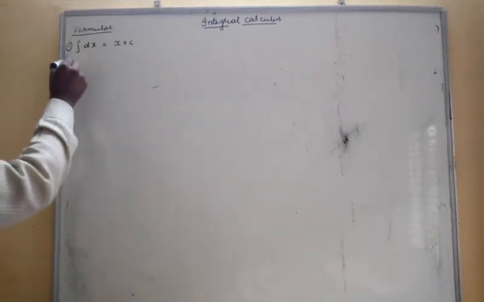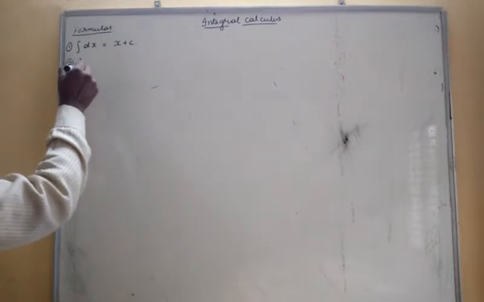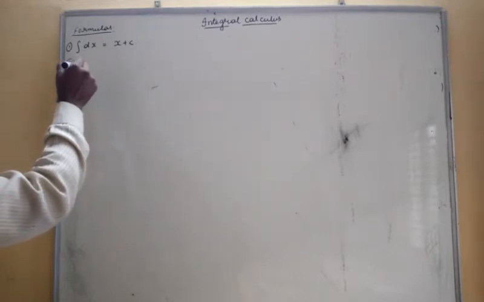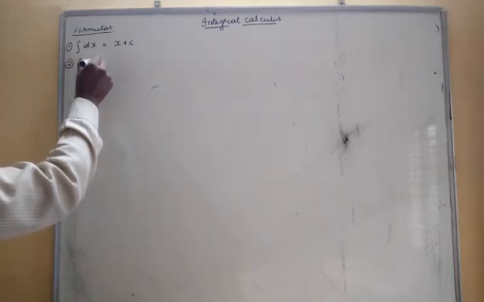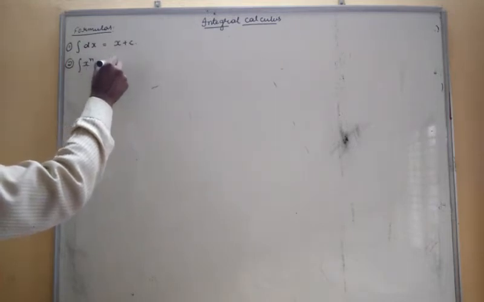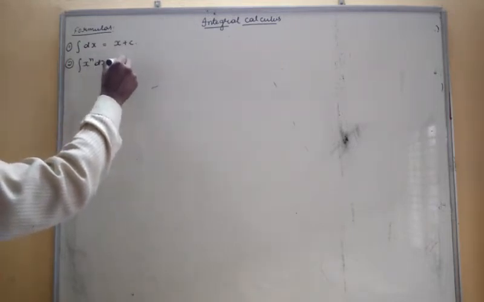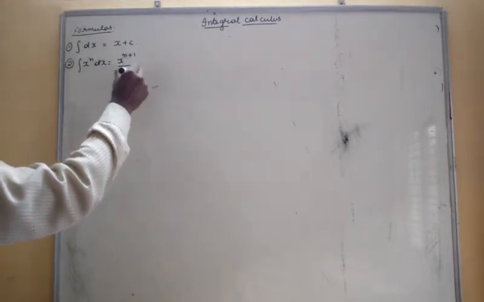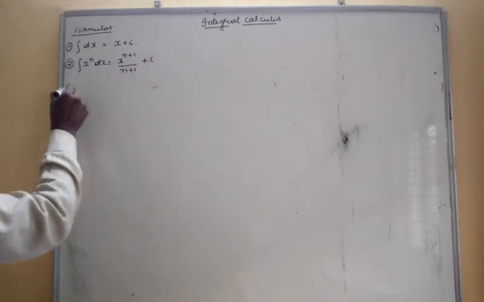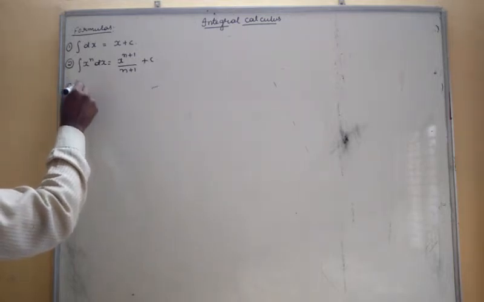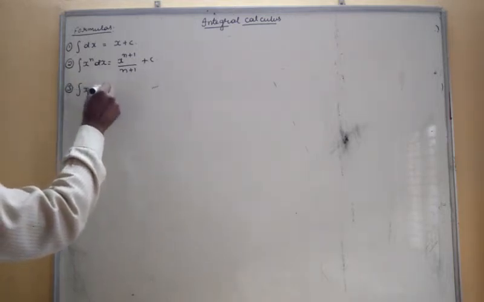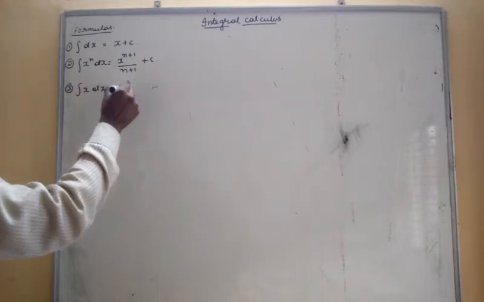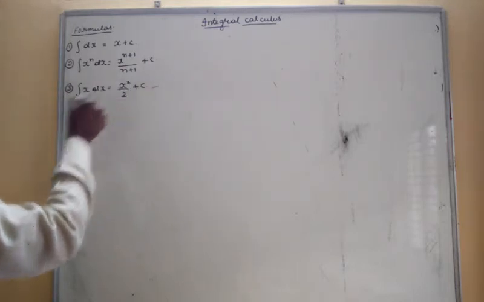Okay, so next integration of x to the power of n. Integration of x to the power of n is x to the power of n plus 1 by n plus 1 plus c. Then integration of x is x square by 2 plus c.